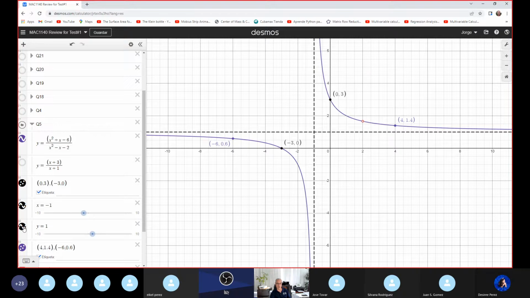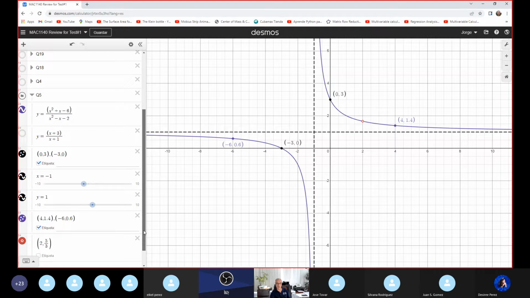We have the horizontal here. Okay, and we have additional points. Obviously I skip the symmetry part, but it's good enough. There's no symmetry. Now you see the hole. Look at that, the hole is here.